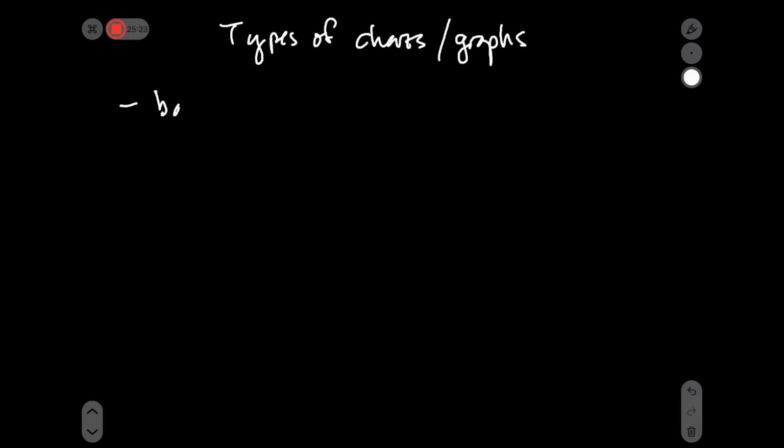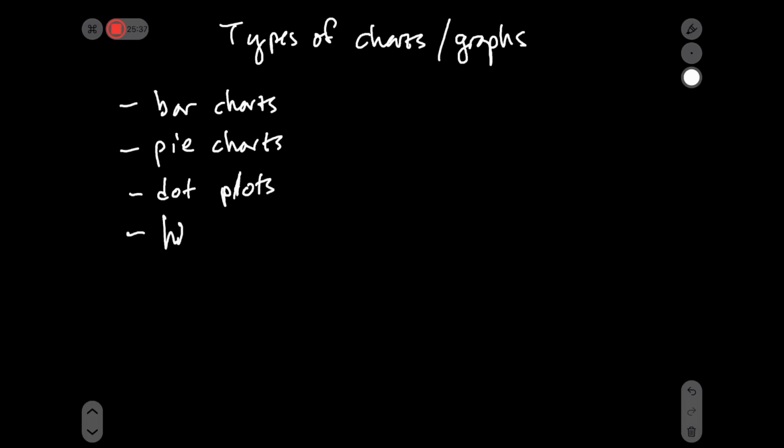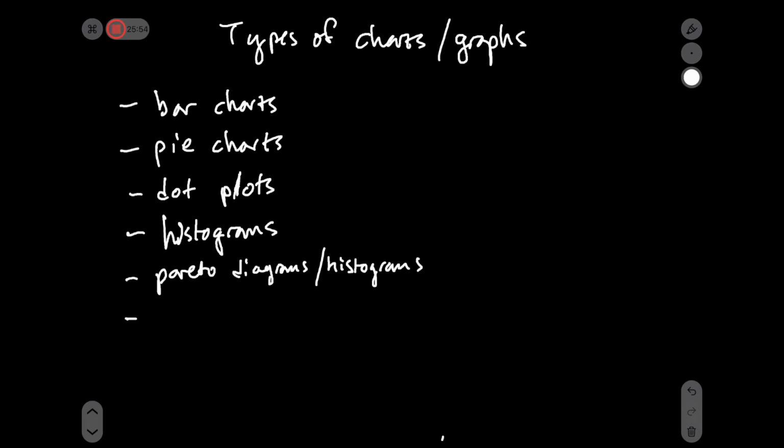So bar charts, pie charts, dot plots, histograms, and also know Pareto diagrams or histograms. Know cumulative distributions. Let's see.